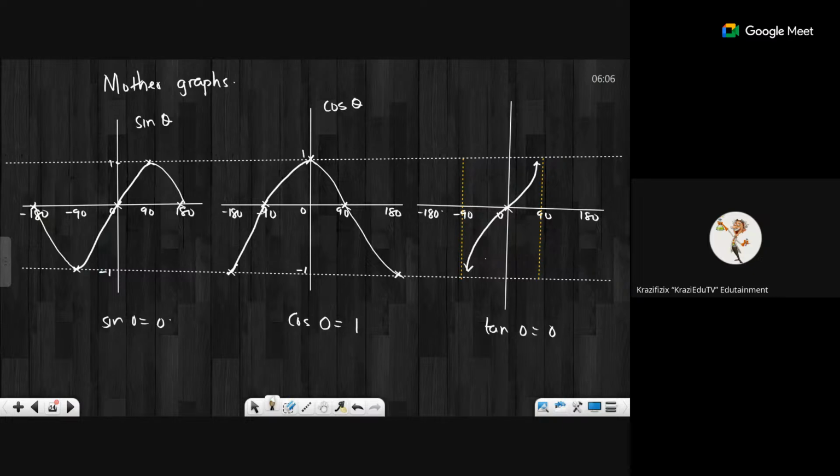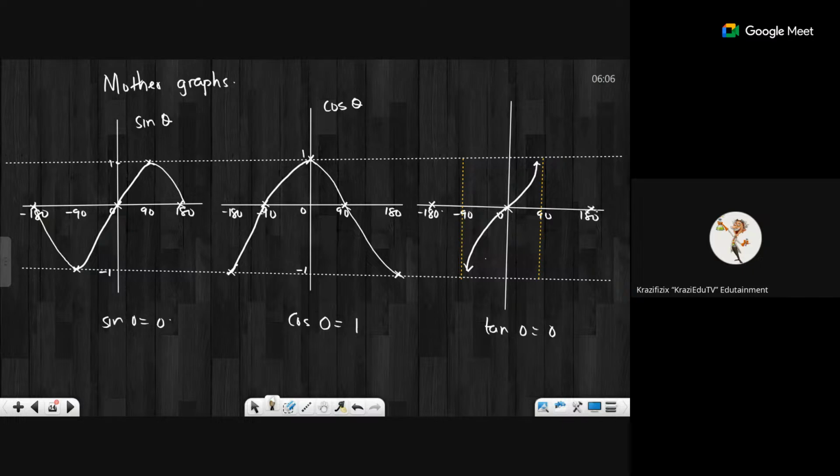You can check what your tan 180 would be, but that is majorly your tan negative infinity to positive what? Infinity. It is very, very crucial, guys, but I will show you how to then sketch a graph. Now, tan negative 180, you must also know that that is 0. And what is tan 180?